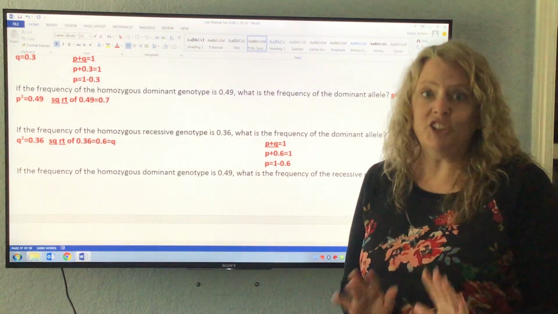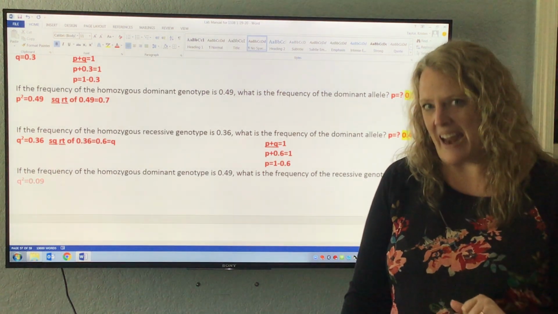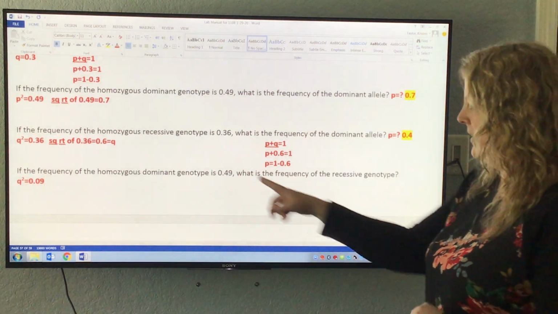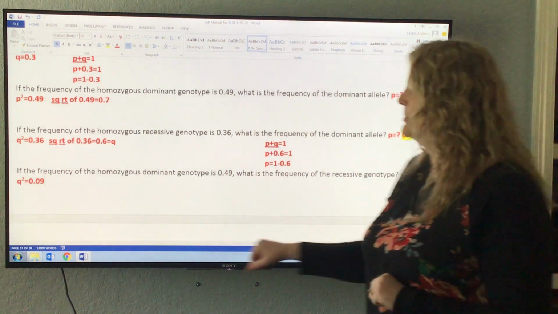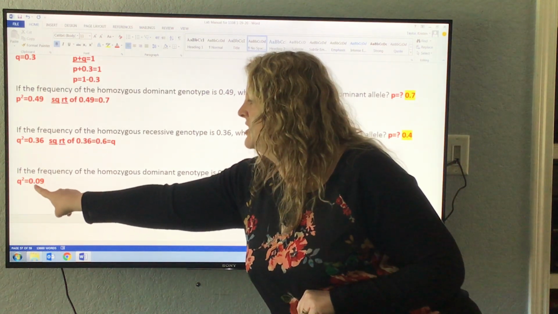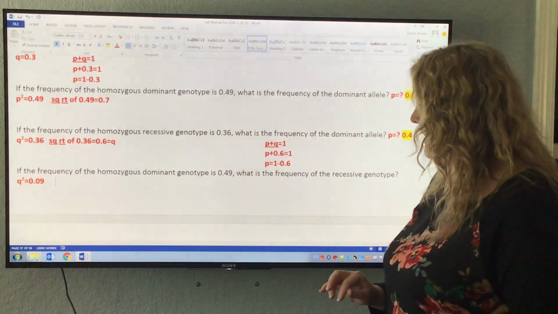Your answer is 0.09. We're solving for the recessive genotype, so you should have Q squared, and the answer is 0.09. Really quick, how did I get that?